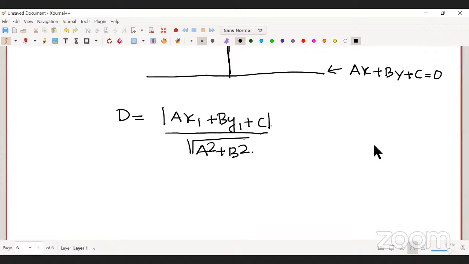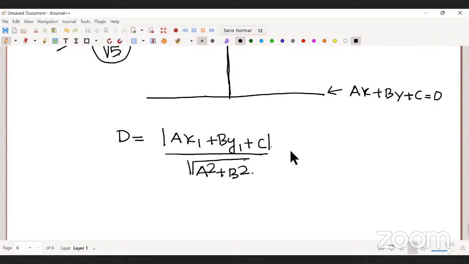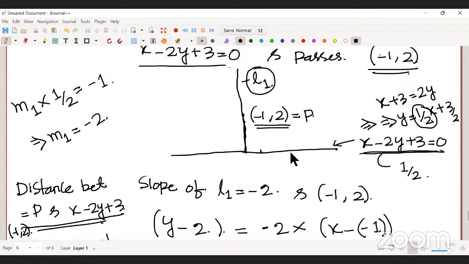Excuse me, sir. I have a doubt in the previous question, about slope and line passing. See, the slope of L1.